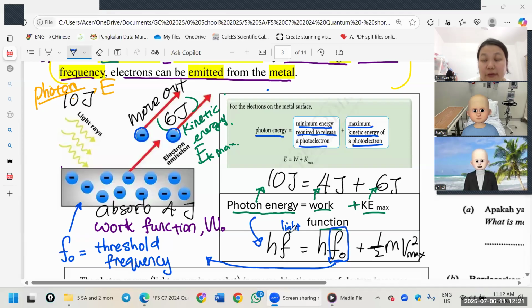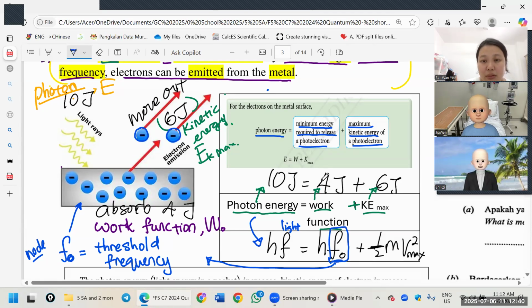The f without o is the frequency of the light. f naught, I would say o is naught, like anti-nodal line, nodal line, naught. Naught means original or nothing. The threshold frequency is of the material itself.